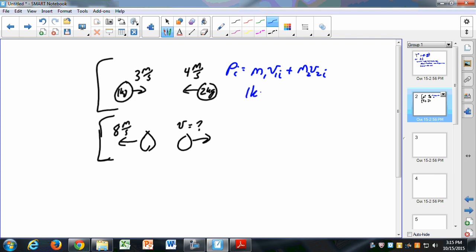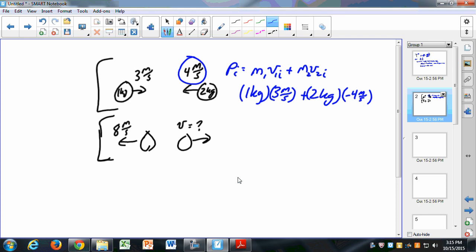M1 is 1 kilogram times 3 meters per second plus 2 kilograms, and this is sort of the sticking point where people will mess up, times what? Not 4, but negative 4 meters per second. It is a vector quantity, so you have to include that negative. It's part of the direction.